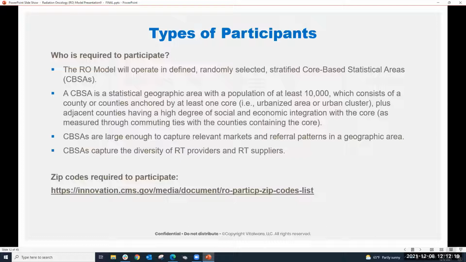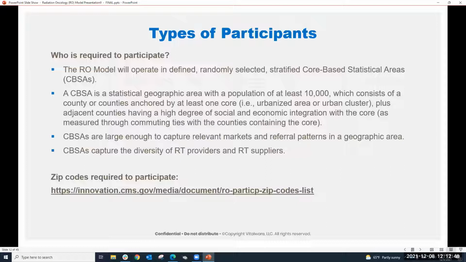The CBSAs had to be large enough to capture relevant markets and referral patterns. They felt that these areas would capture the diversity of the radiation therapy providers and suppliers best. They wanted to make sure they had a well-represented sample to see how the model works across the board.